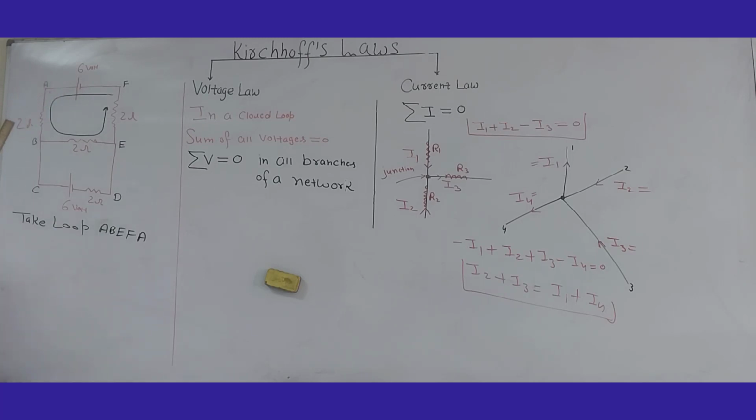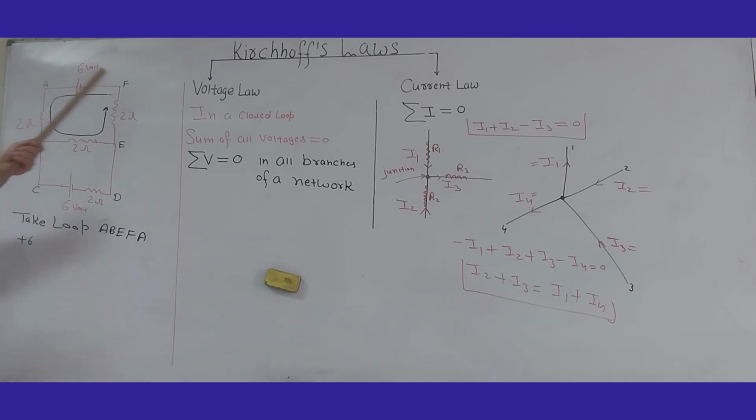So it is a rise of potential, and the voltage here is plus 6 volt. When potential is increasing, that is taken as plus.